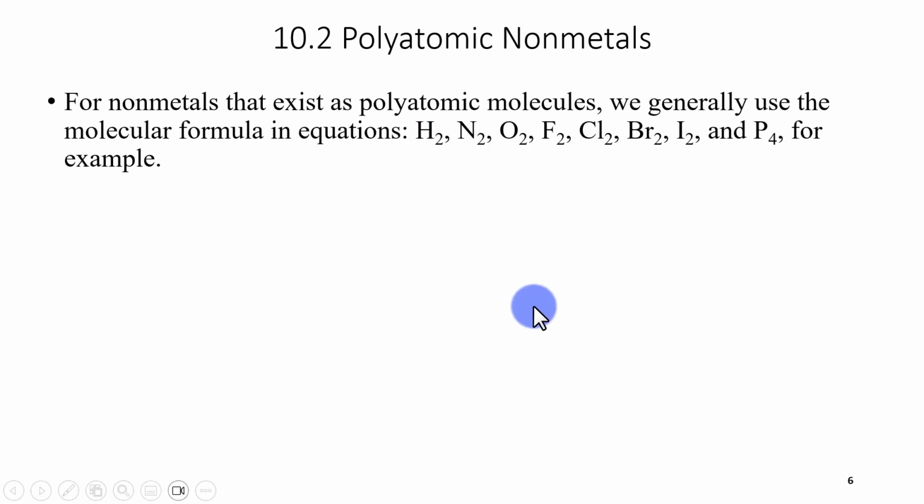It will be H2 plus O2 gives you H2O. And then P4, which is a polyatomic molecule. So anytime you see phosphorus reacting with oxygen, for example, you would write P4 plus O2, giving you product.